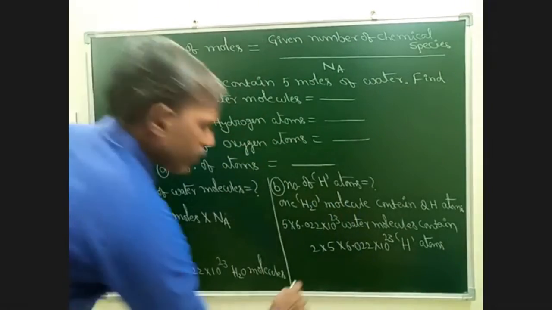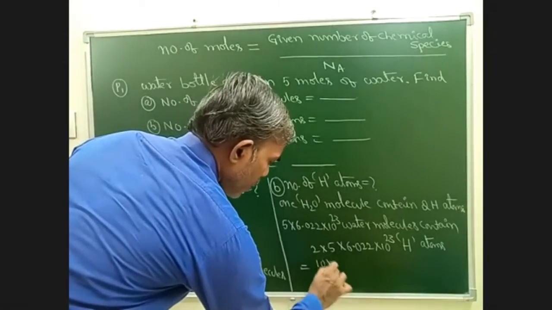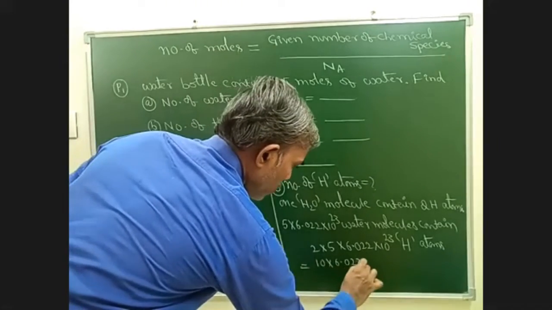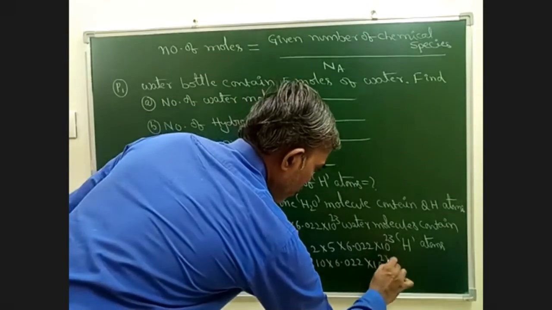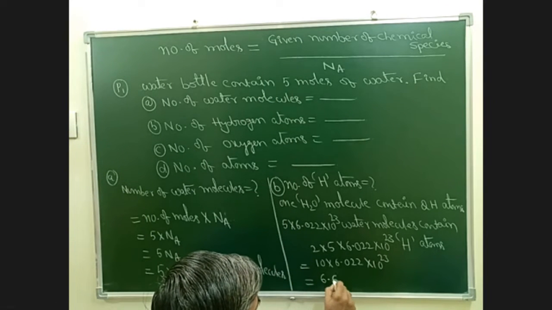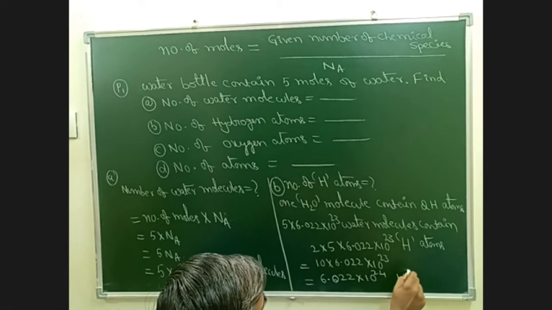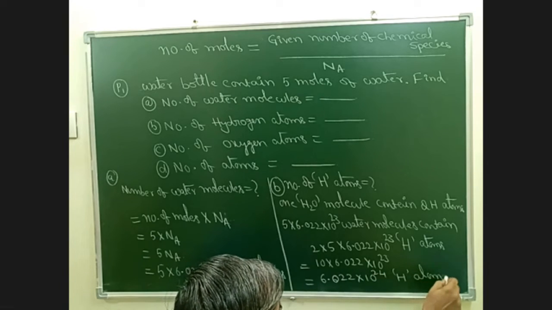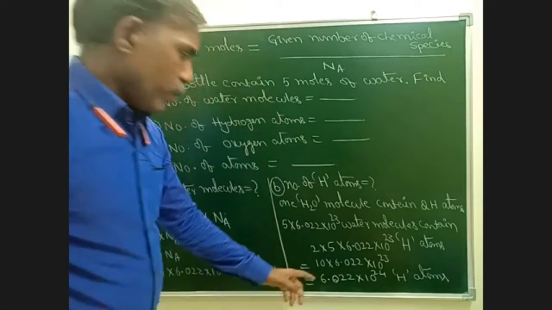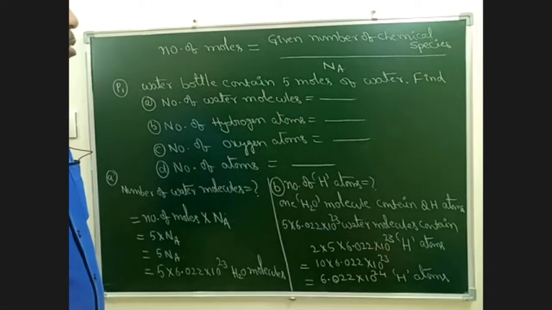Further we can simplify it. That is 2 into 5, 10, into 6.022 into 10 power 23, which simplifies to 6.022 into 10 power 24 hydrogen atoms. This is the answer.